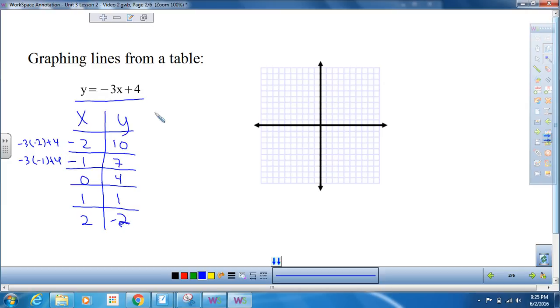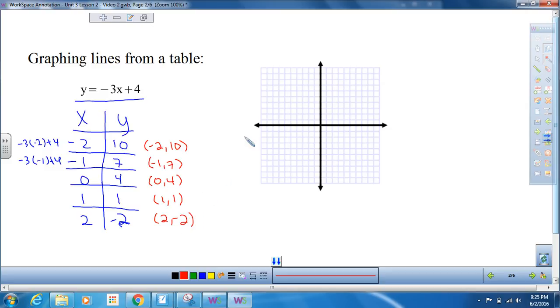Okay, and then these correspond to the ordered pairs that I'm going to graph. -2, 10, -1, 7, 0, 4, 1, 1, 2, -2.